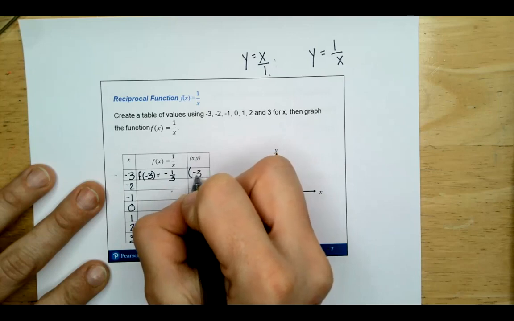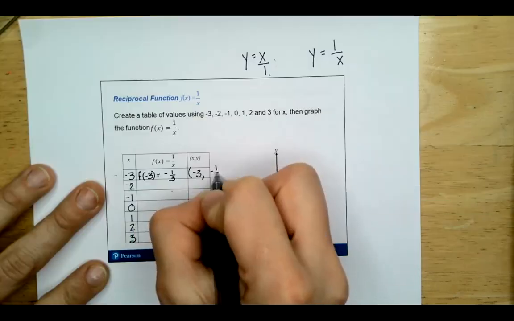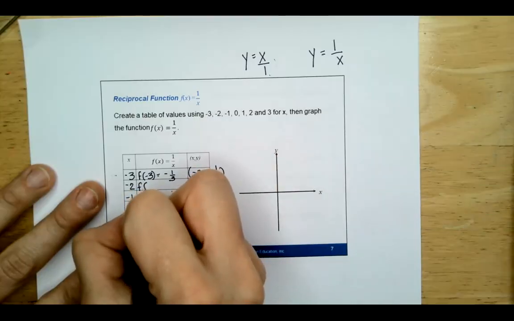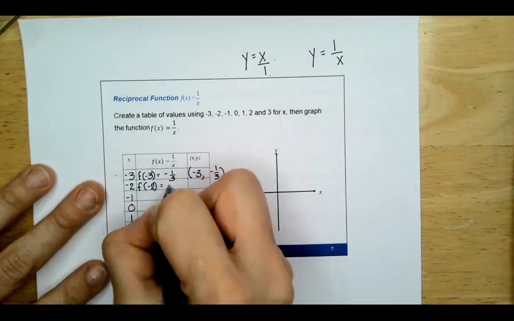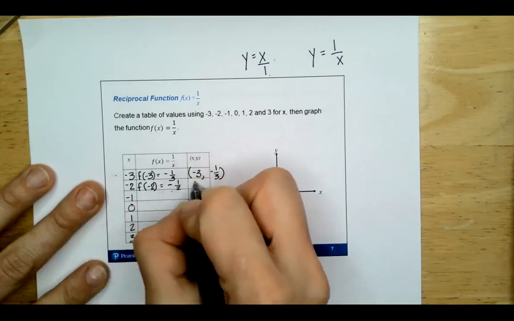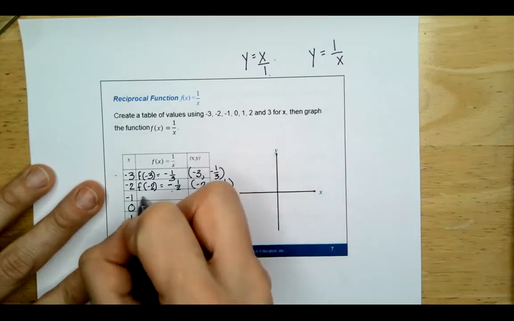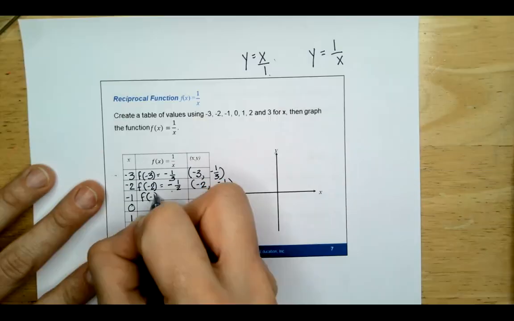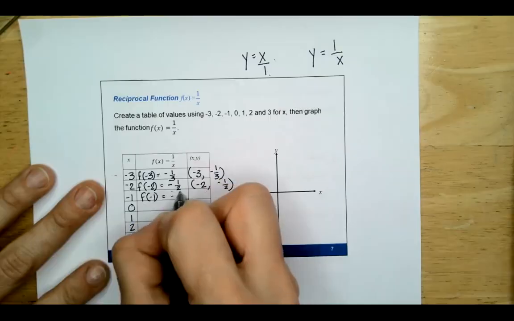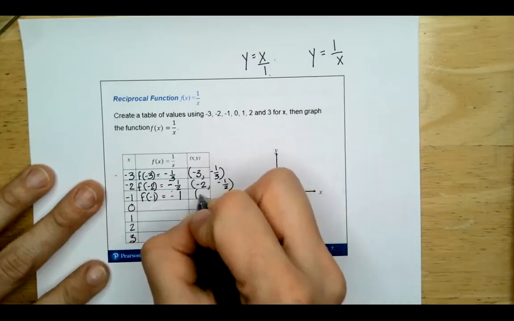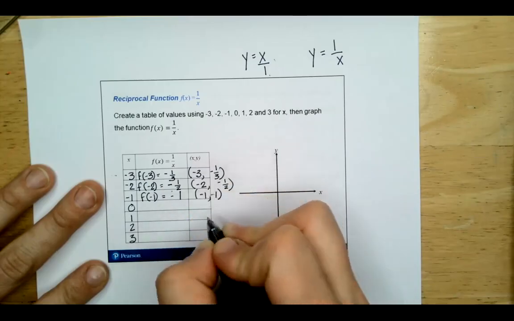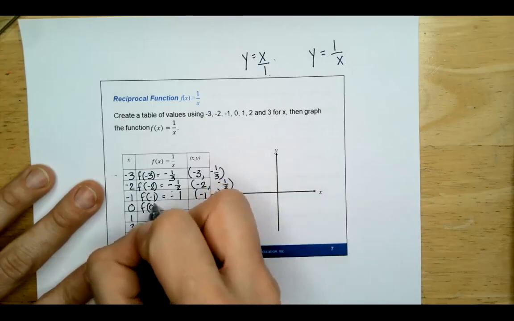So when x is -3, y is going to be -1/3. I think we know where this is going. When x is -2, y is going to be -1/2. When x is -1, y is going to be -1. Good thing I'm writing this out.